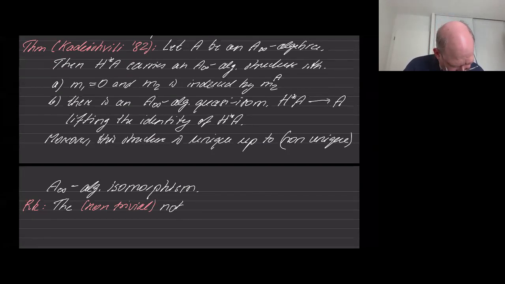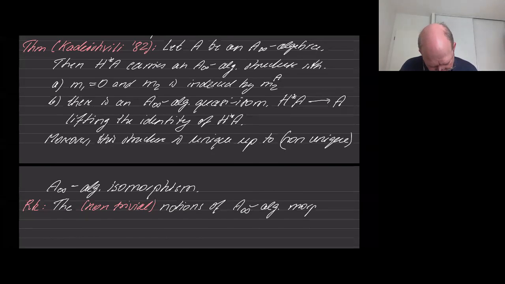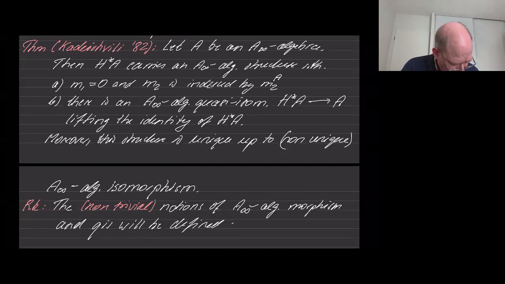The notions of A infinity algebra morphism and quasi-isomorphism will be defined in a moment. They are a bit long. And let's look perhaps at an example. First, a bit of terminology.